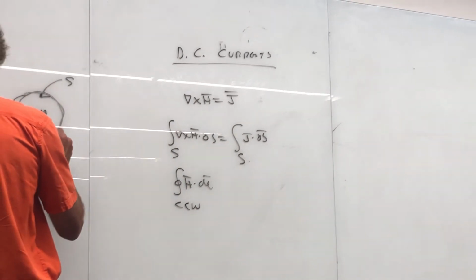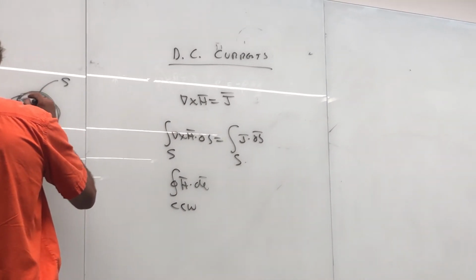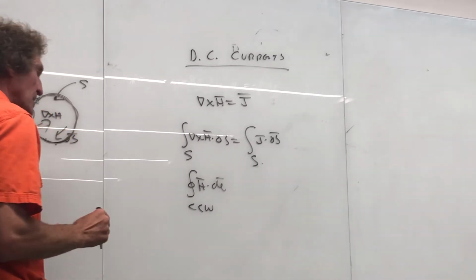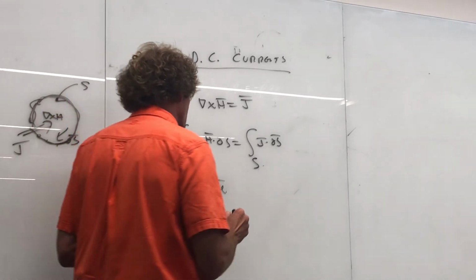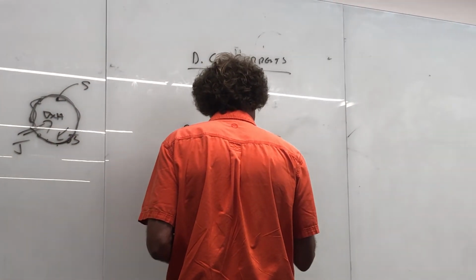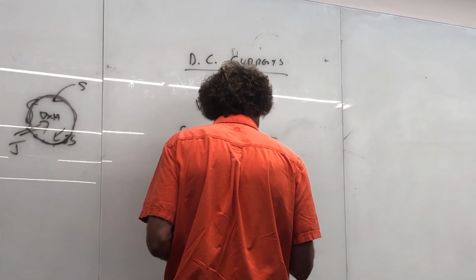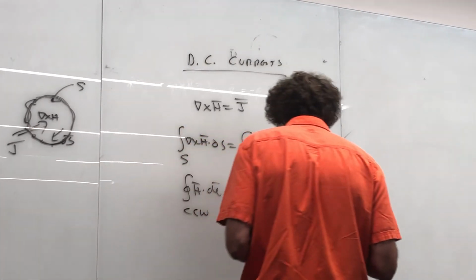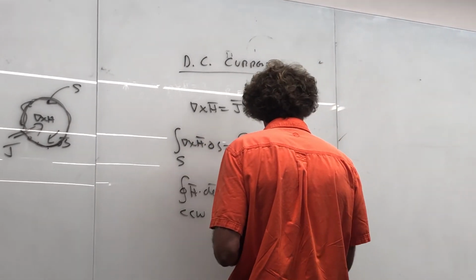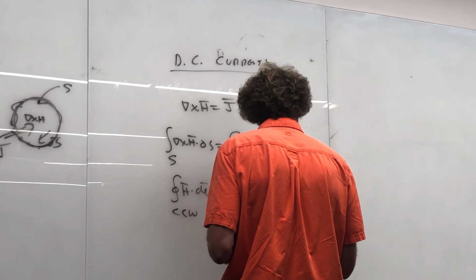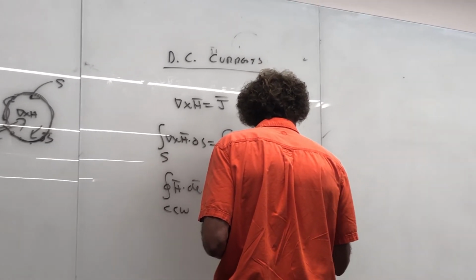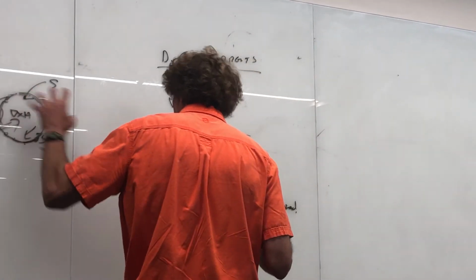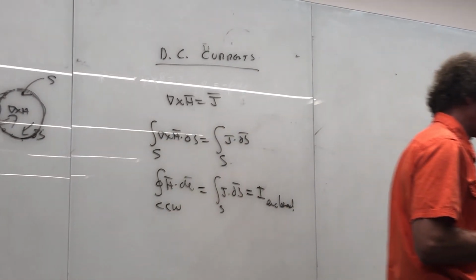So when you're doing this integral, you're taking the H field in the counterclockwise direction and integrating it, and saying that integral of H dot dl will be equal to the amount of current, integral of J dot dS, that's penetrating the surface of this region, and that's really equal to the I enclosed, or the I inside that theoretical surface.